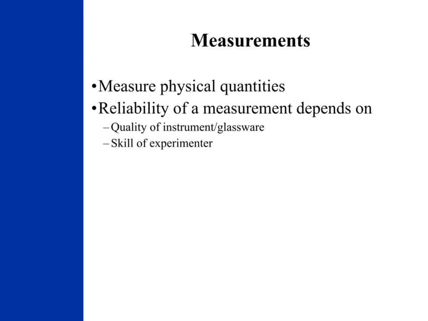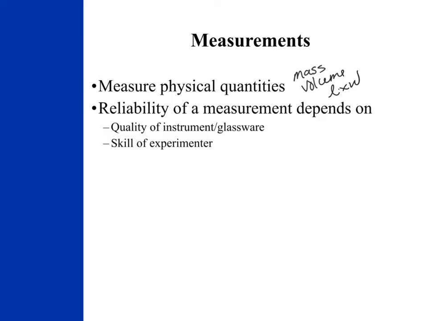So in this lab, we're going to be measuring physical quantities. Those physical quantities that we'll be measuring are mass, volume, and the object's dimensions. We are also going to look at the reliability of the measurements that you make in the lab.